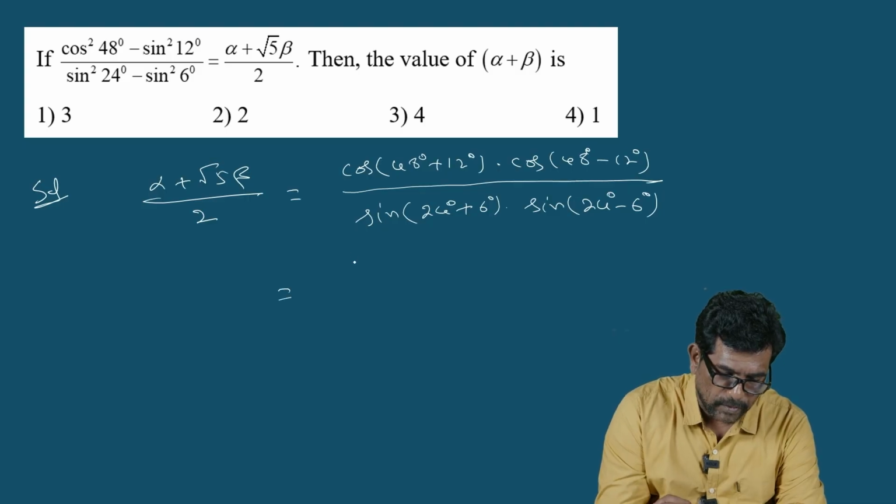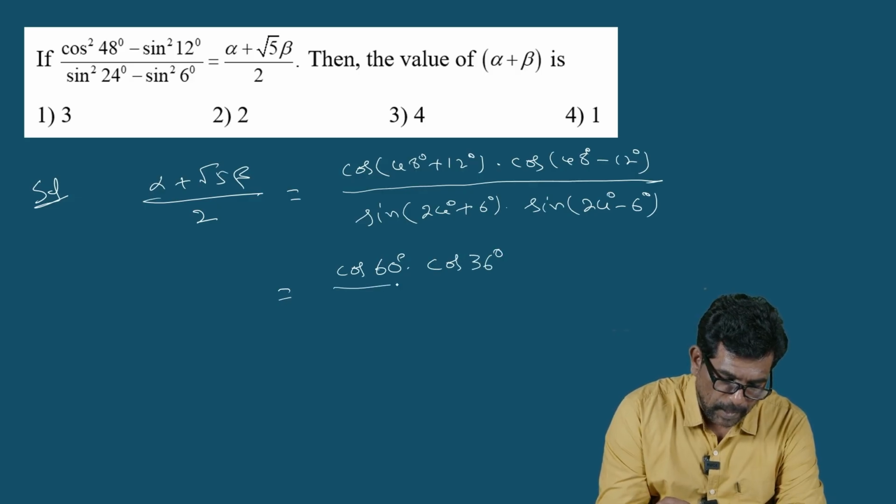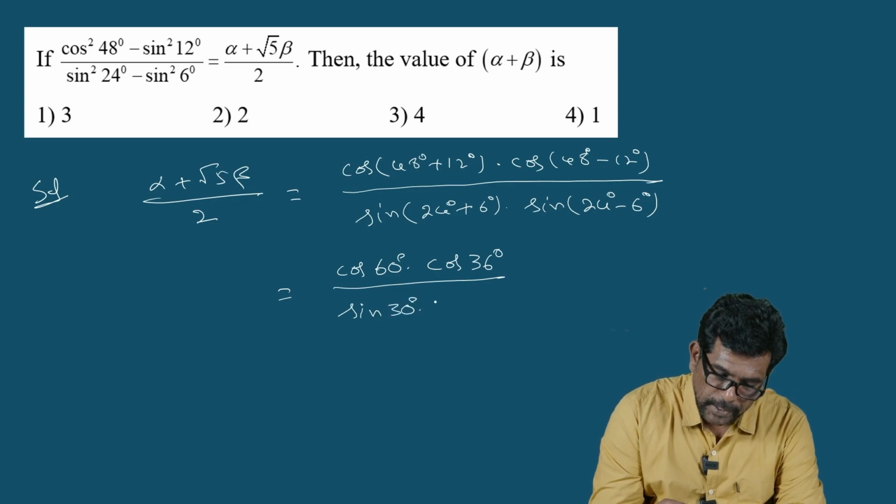Now this is equal to cos 60 degrees into cos 36 degrees upon sin 30 degrees into sin 18 degrees.